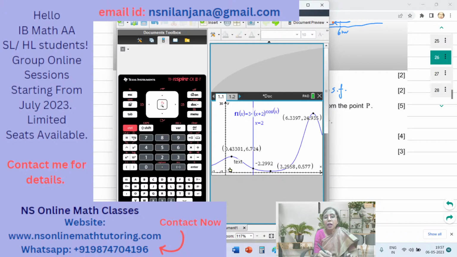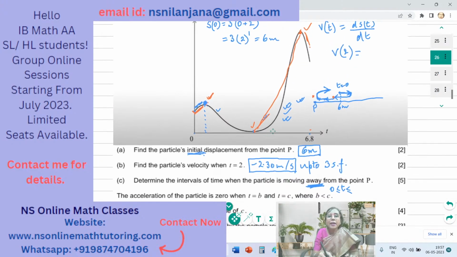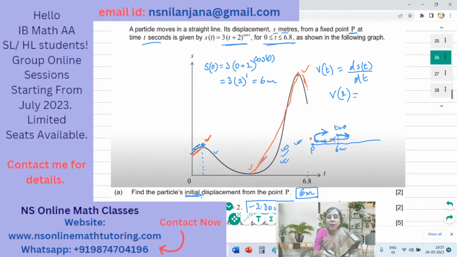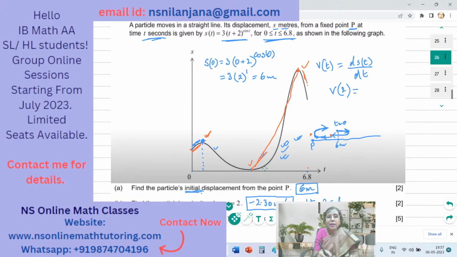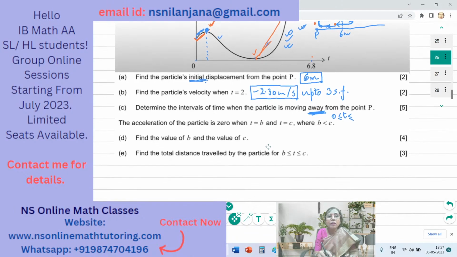The first interval is from 0 to 0.433. Did they give seconds? No, they have just mentioned 0 to 6.8. They have said t is in seconds, so I'm not writing seconds explicitly in the interval.